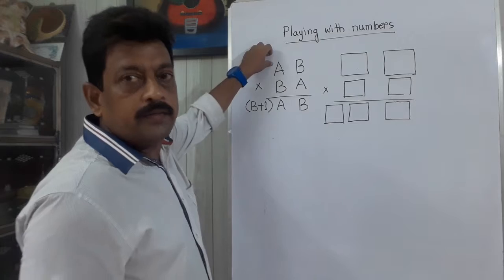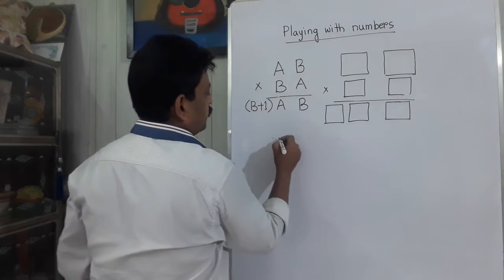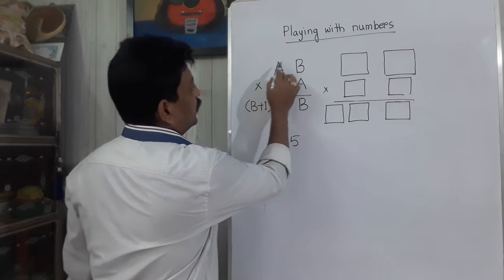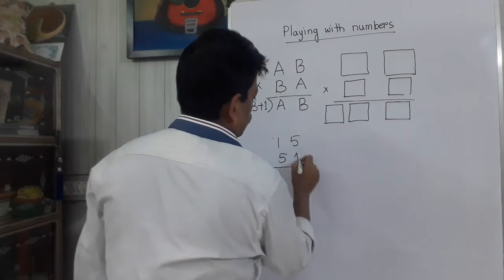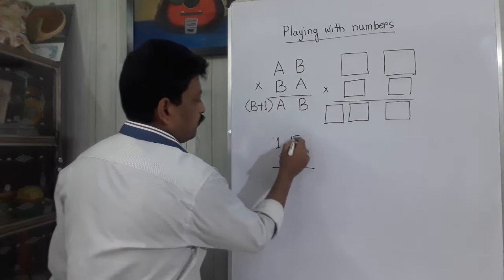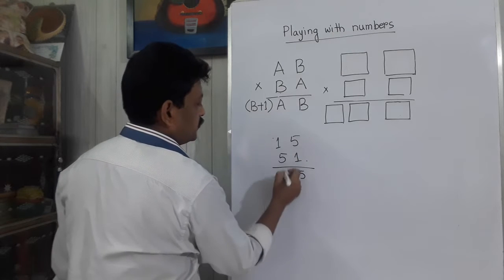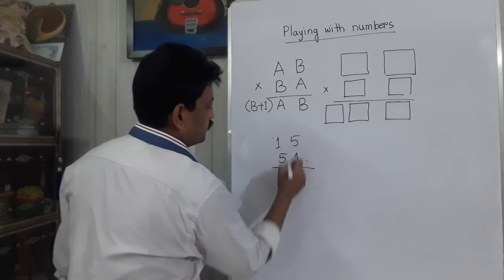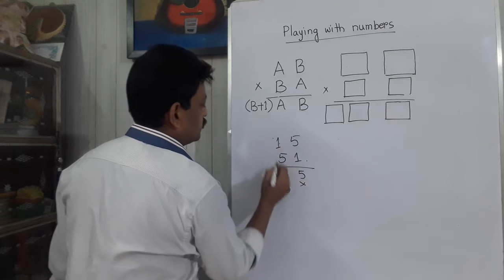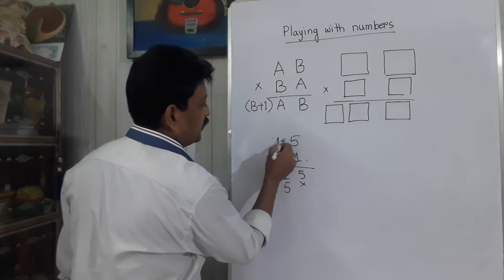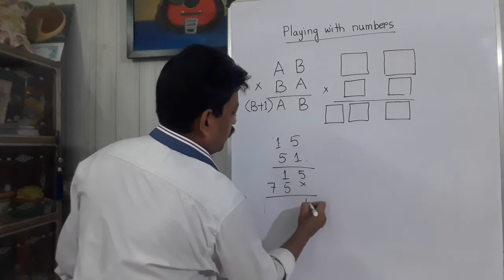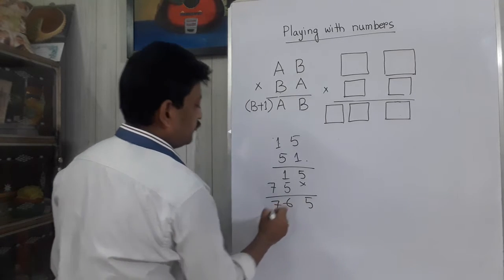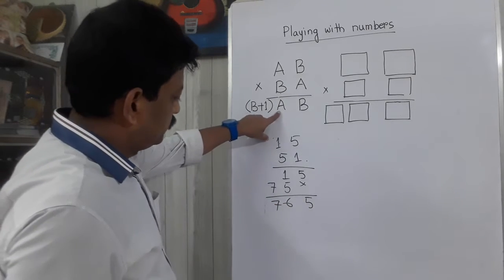So I am taking 1. If A is 1 and B is 5, then 15 multiplied with 51. So 5 ones are 5, 1 one is 1, 5 fives are 25, 5 ones are 5 plus 2, 7. 5 6 7.